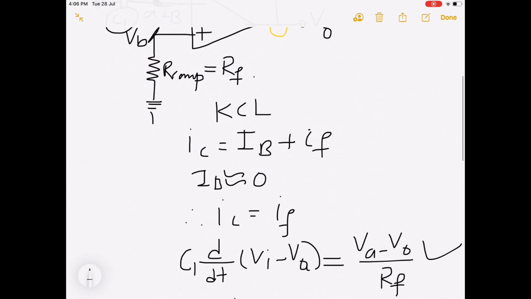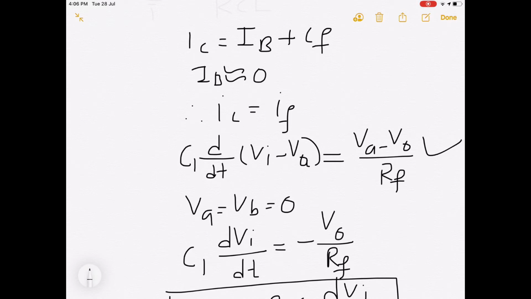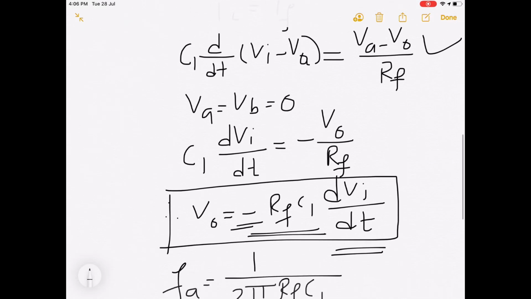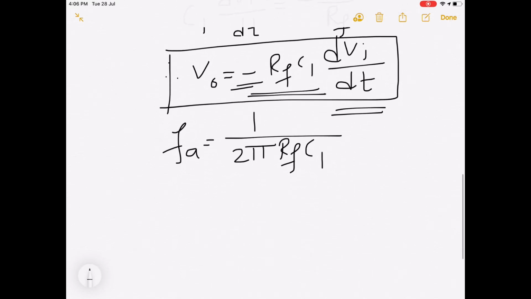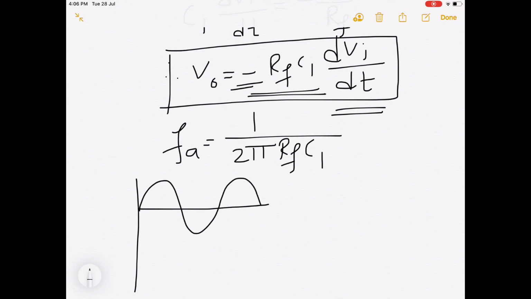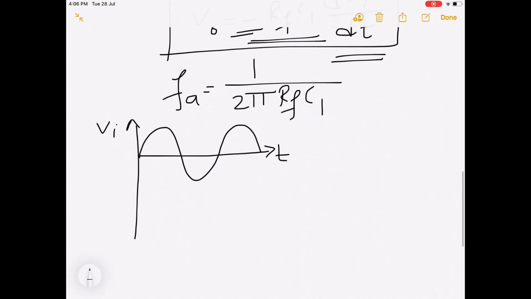If you apply sinusoidal and square waveforms at the input of the differentiator, what will the output be? Suppose your input to the differentiator is a sine wave. This is T, this is Vi, the sine wave you have applied. At the output, the derivative of sine is cosine, so again we will get the output as a cosine waveform.